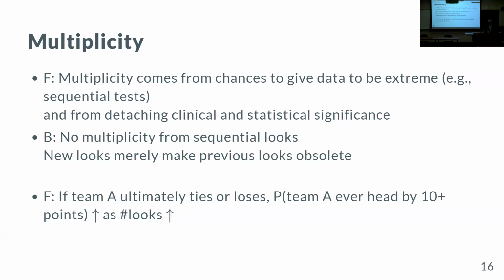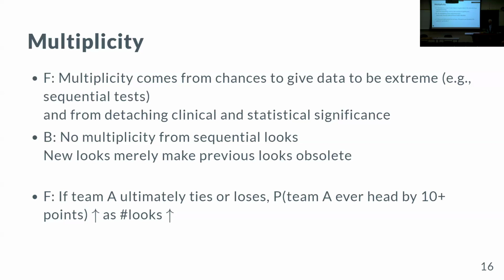That's our decision. And the frequentist world of looking at multiplicity, like we do in group sequential trials, says that if team A ultimately ties or loses, what's the probability that team A was ever ahead by 10 or more points? And that probability has to go up as the number of looks increases. So remember, we're thinking about assuming a null hypothesis is true, working sort of backwards.